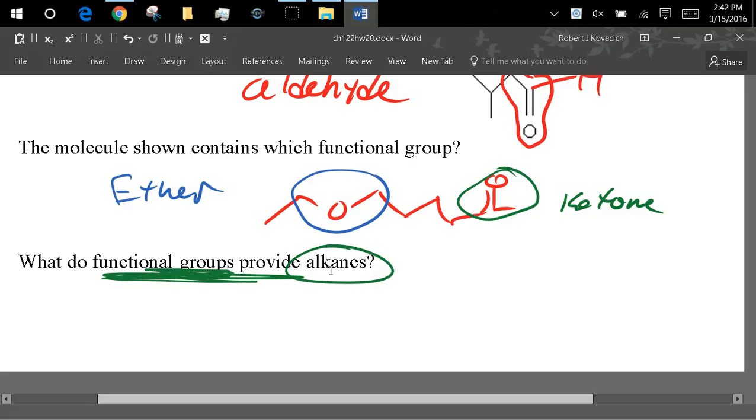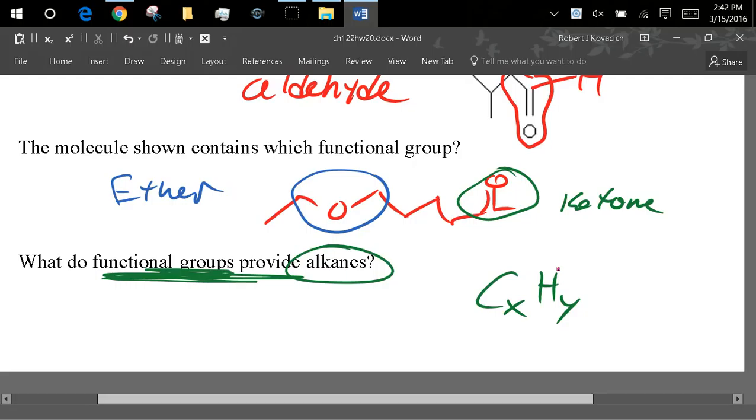Did anybody's papers have a compound that was just carbons and hydrogens? Anybody? Why not? Why are there no carbon hydrogen only compounds? Say again? They don't do anything. They're boring as hell. They can burn, and that's about it.